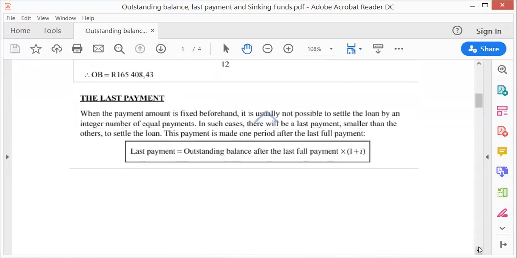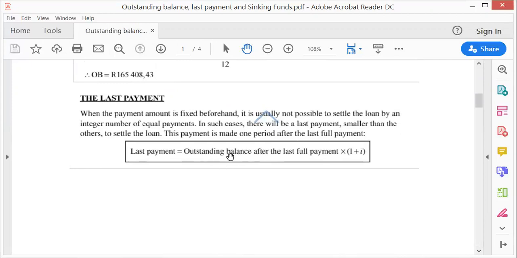Now, what about last payment? How will you do last payment? When the payment amount is fixed beforehand, it is usually not possible to settle the loan by the integer number of equal payments, or that whole number. In such cases, there will be a last payment. Now, what is this last payment? It's normally smaller.